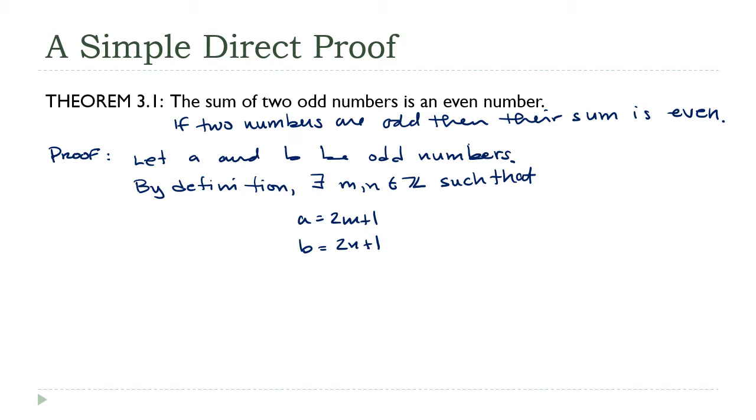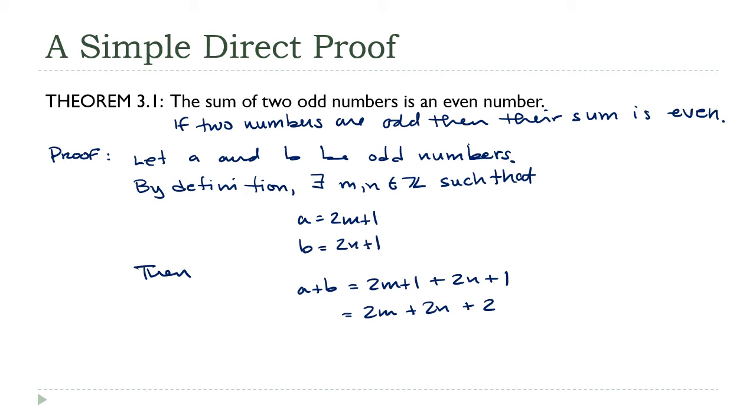Okay, next, think about what we want to show. The theorem makes a conclusion about the sum of the two numbers. So a logical next step is to look at their sum. So I would say then A plus B equals 2m plus 1 plus 2n plus 1, which equals 2m plus 2n plus 2.